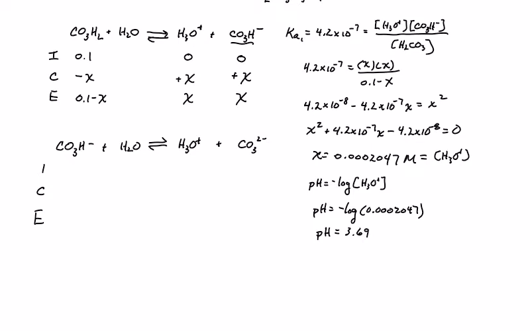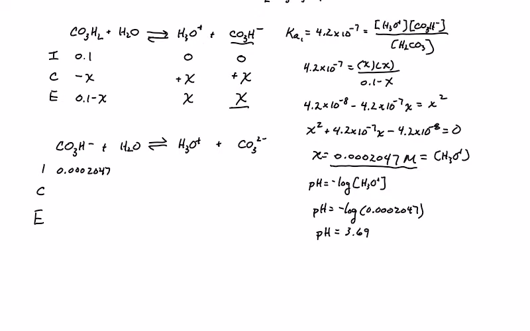Our initial concentration of bicarbonate here is going to have to come from here, okay, that value for x. Okay, so that's going to be 0.0002047. Not a very pleasant number to work with, but that's fine.